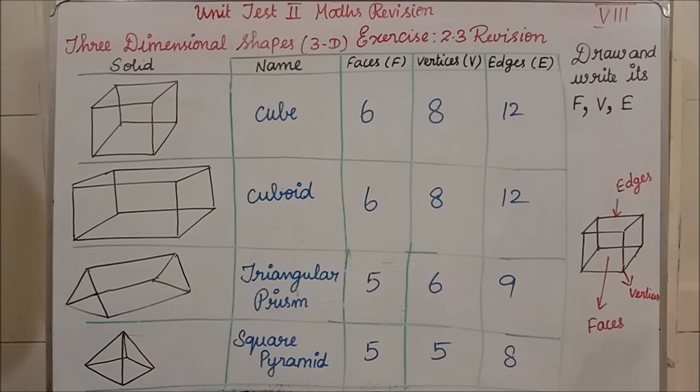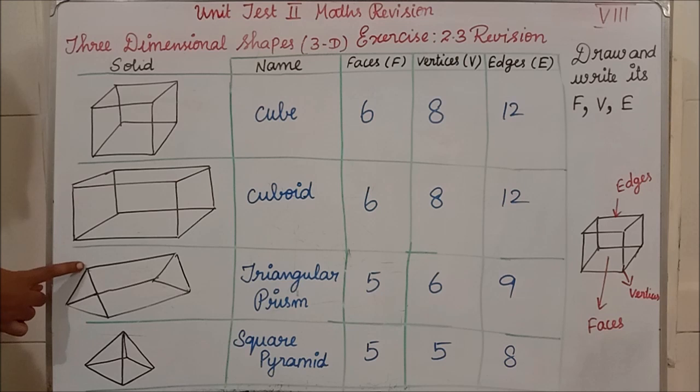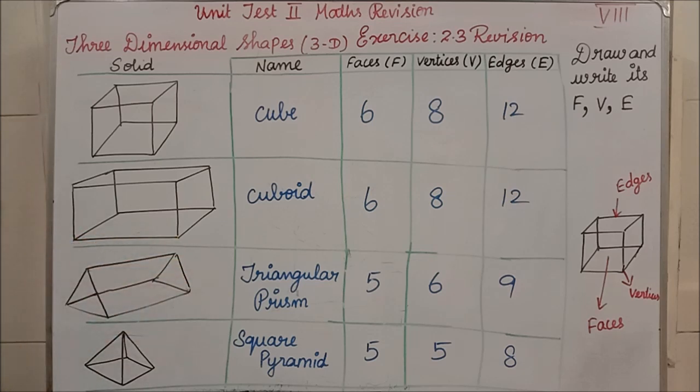Let's count: 1, 2, 3, 4, 5, 6, 7, 8, 9. We have 9 edges. Similarly, for the square pyramid we have 5 faces, 5 vertices and 8 edges. Students, are all of you clear about the 3-dimensional shapes?